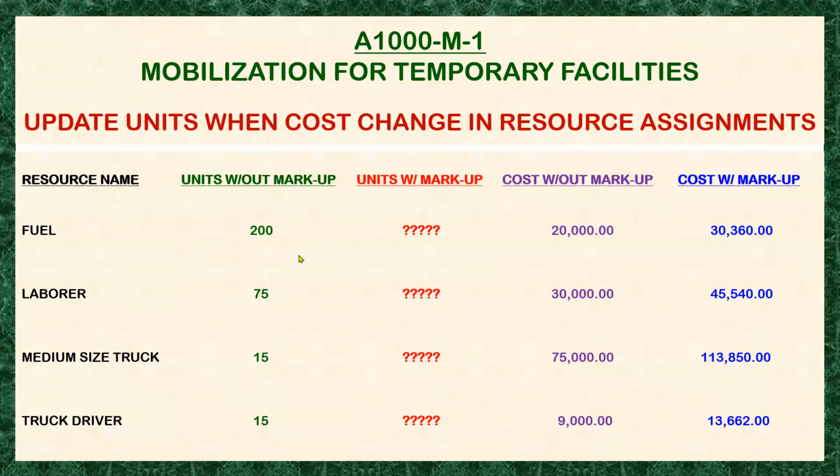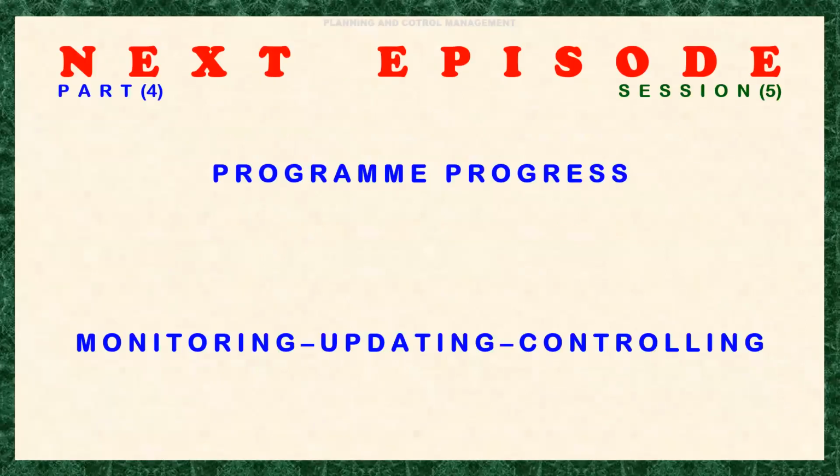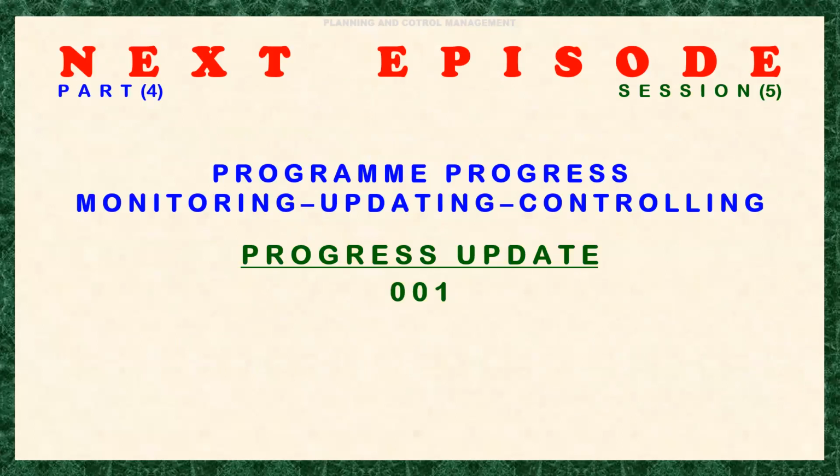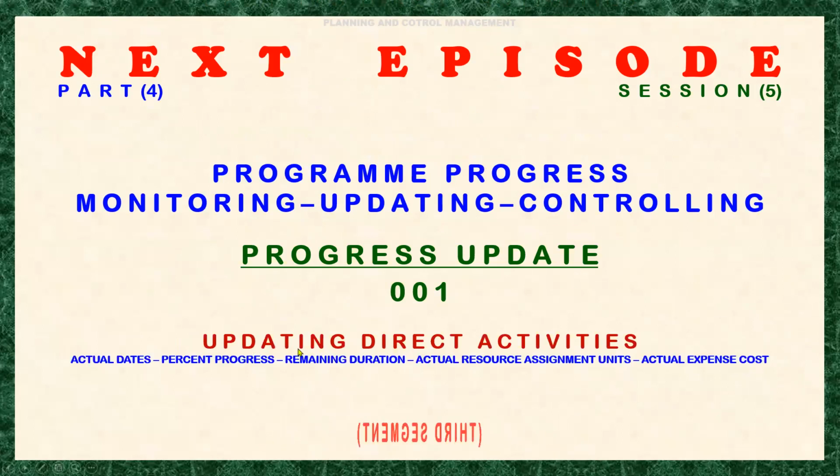Our next episode will be in session 5, program progress monitoring, updating, controlling, progress update 01, also the same, but now it is updating the direct activities' actual dates.